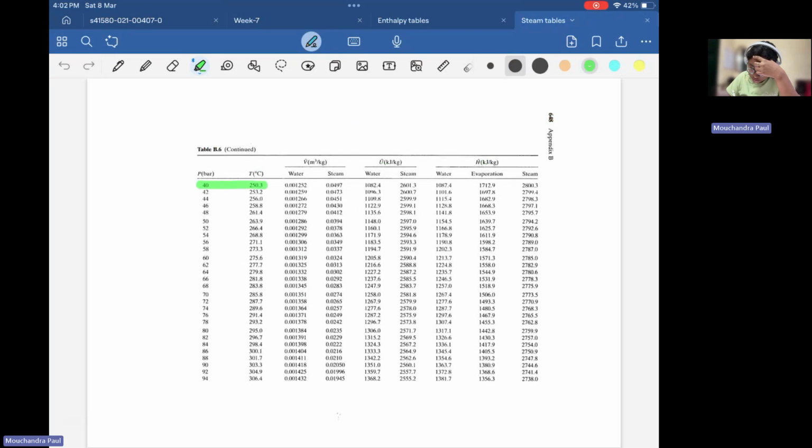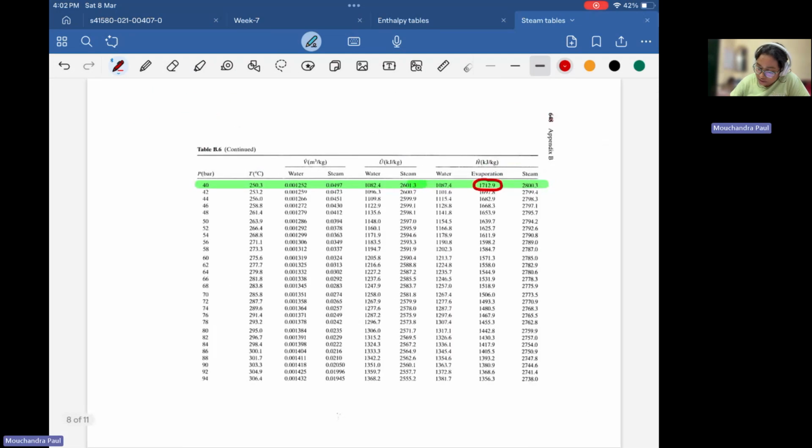This is the entire row. You will see the heat of evaporation that is required for the condensation to happen is 1712.9.